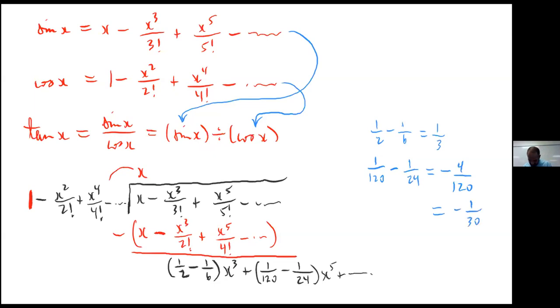All right. So what am I going to do next to try to make things work out? Because this guy right here is really just a third, and this guy is negative 1/30. Is that right? Oops, I'm getting trapped on the bottom here. So the next thing would be plus 1/3 x cubed.